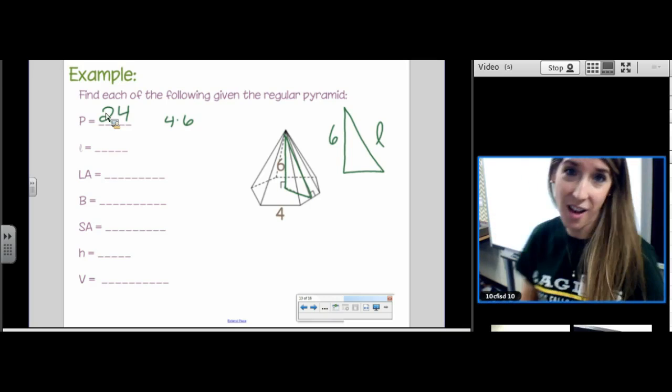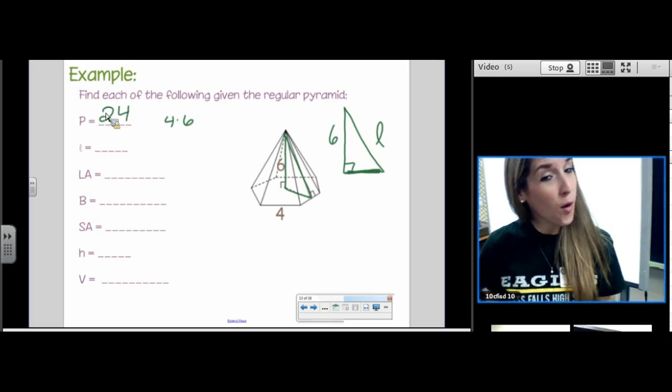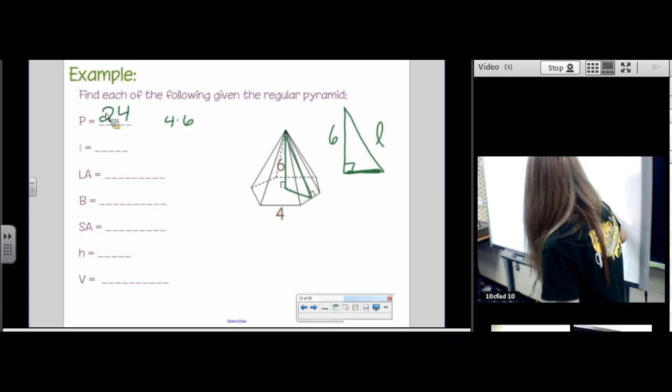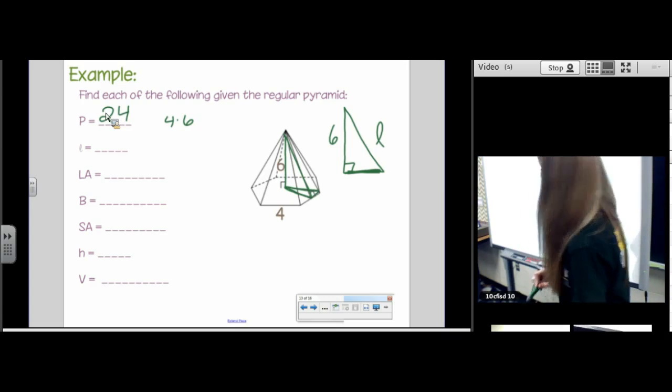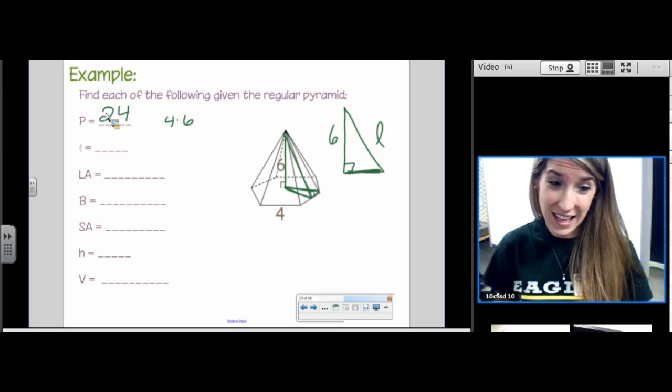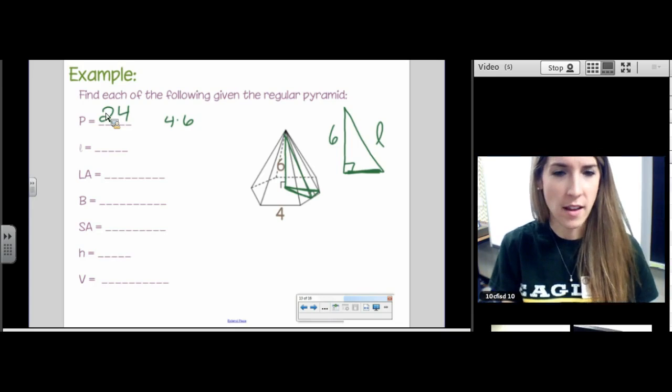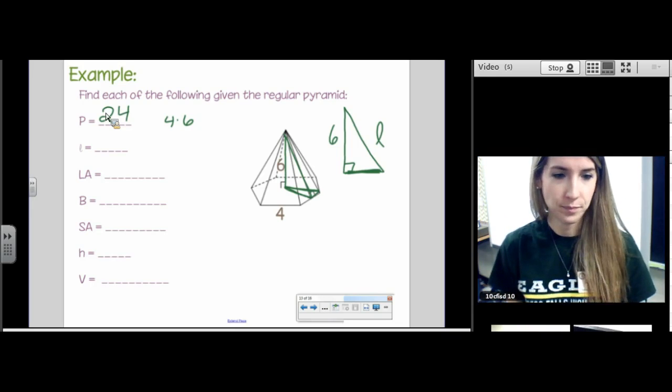So in a hexagon, if the sides are 4, what's the apothem of the base? It's 2√3. Yep, 2√3.